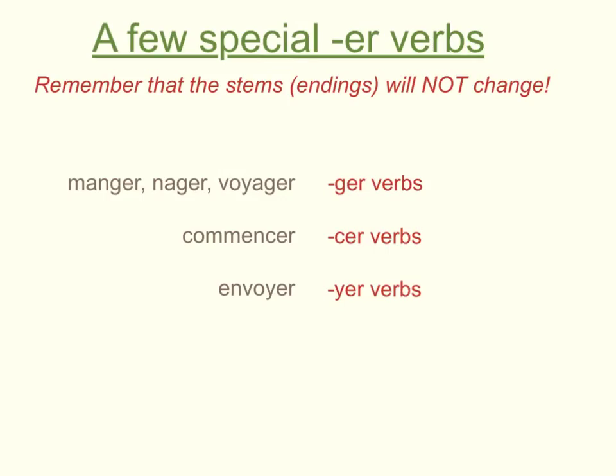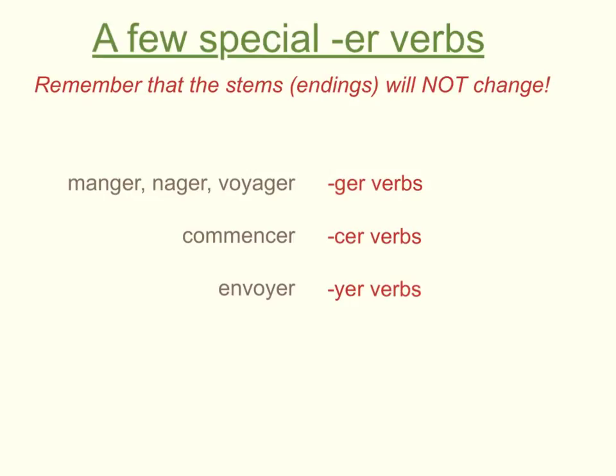And here are our three different categories of special ER verbs that we're going to look at. So we have GER verbs, verbs that have a G before the ER, so manger, nager, and voyager. We're also going to look at a category of verbs that is not represented on your vocabulary list, and those are CER verbs.